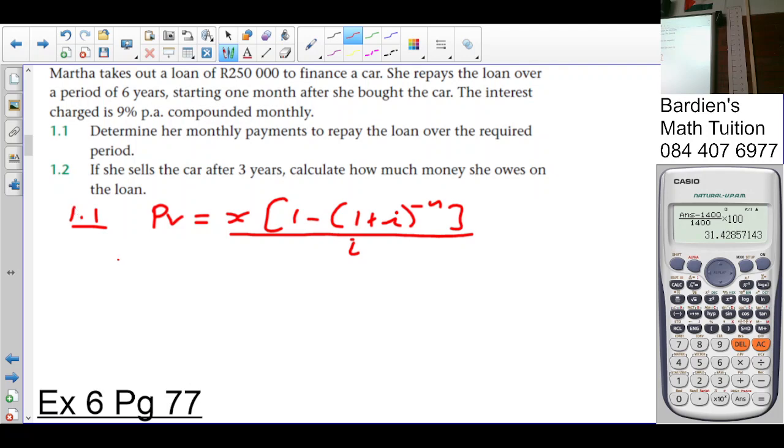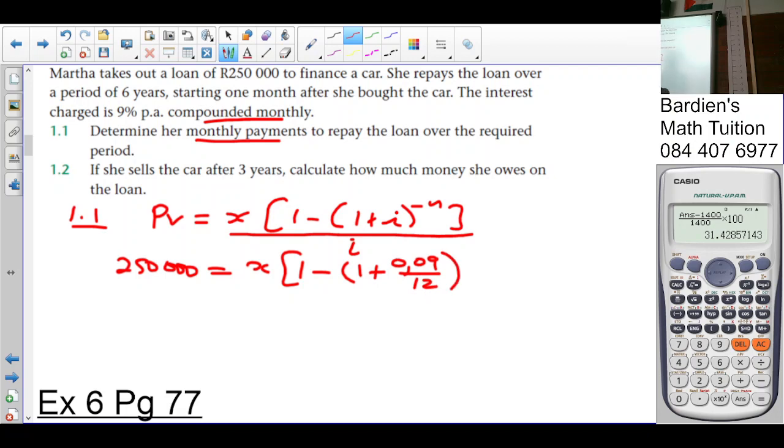The loan amount. 250,000 rand equals x, which is the monthly installment, into 1 minus, it's a monthly installment and it's monthly compounding, so that is in line there. So (1 plus 0.09 over 12) to the exponent negative 12 times 6 years, all over i, which is 0.09 over 12.